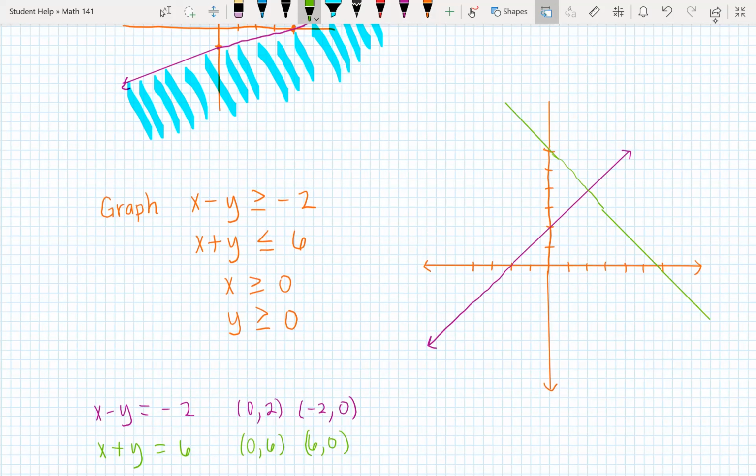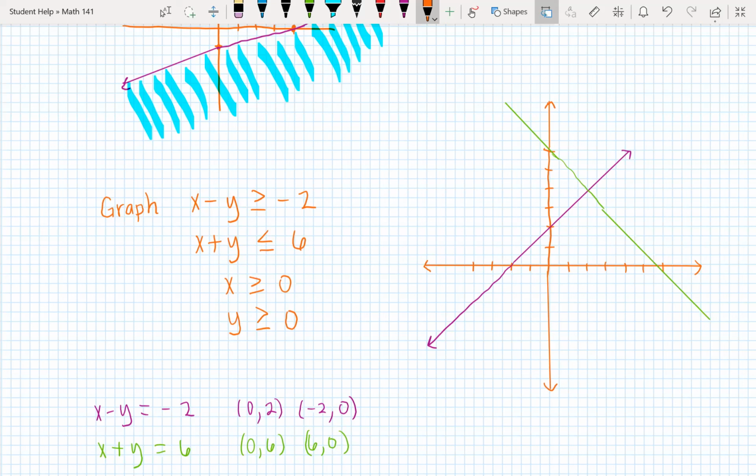And then the last two lines are actually just the x and the y-axis, right? We're wanting x to be greater than 0, and we're wanting y to also be greater than 0. So that means that we're going to be graphing something in the first quadrant there.